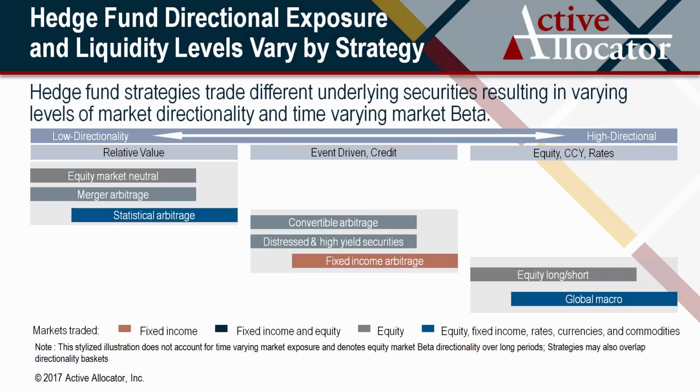This is an example of bucketing different liquid alternatives in appropriate amounts to provide low, medium, and high directionality exposure. On the left-hand side, we have low directional strategies, such as equity market neutral. By definition, something that is neutral to markets.